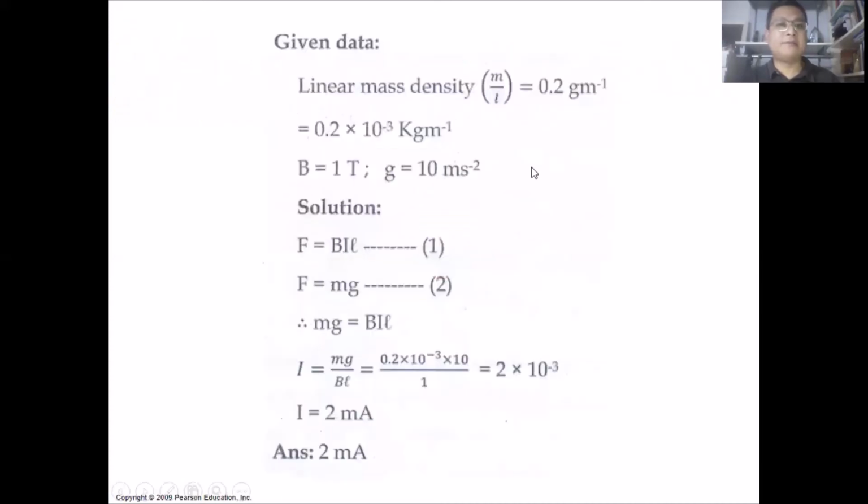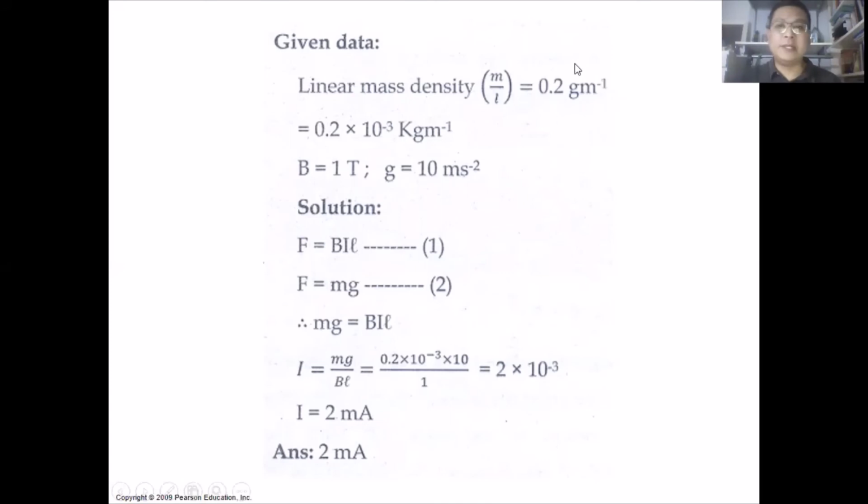Okay, how to solve? By the given data, linear density, mu, is mass over length, equal to 0.2 gram per meter.